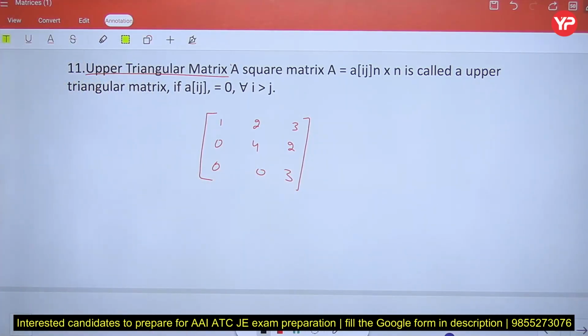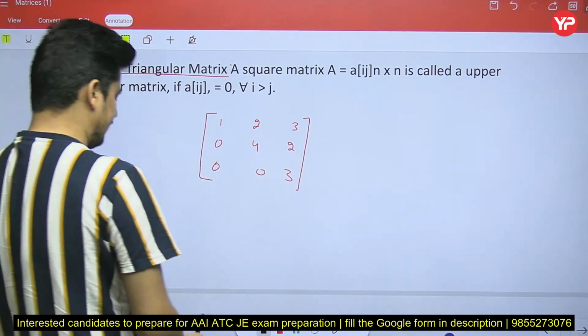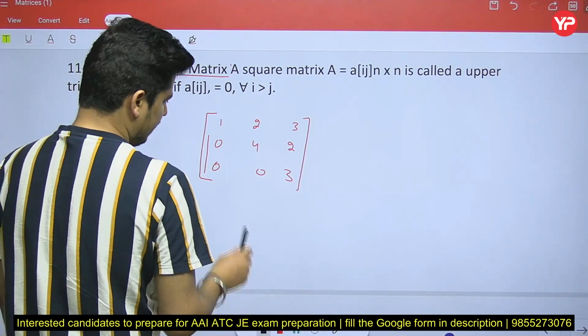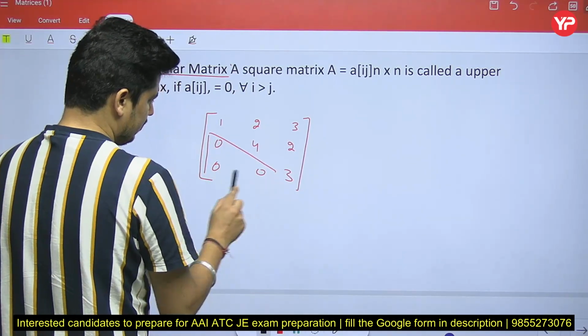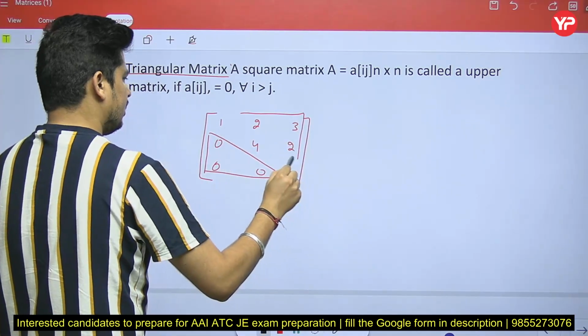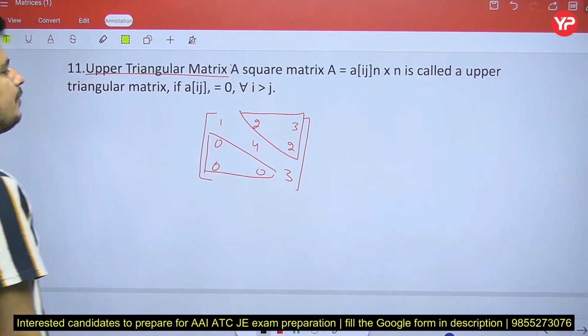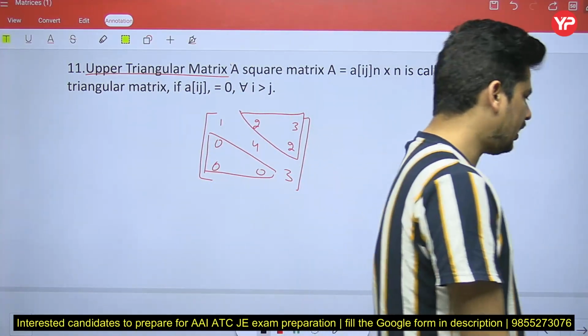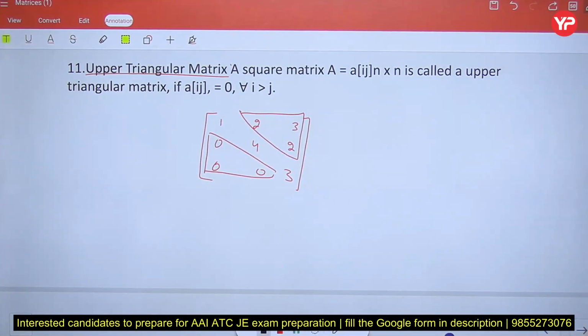So inside every matrix there are two triangles. One is the upper triangle, another one is the lower triangle. This one is the lower triangle and this one is the upper triangle. So inside every matrix there are two types of triangle, upper triangle and lower triangle.